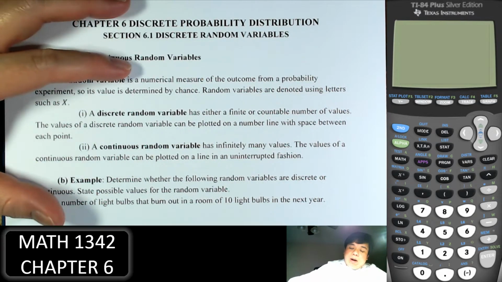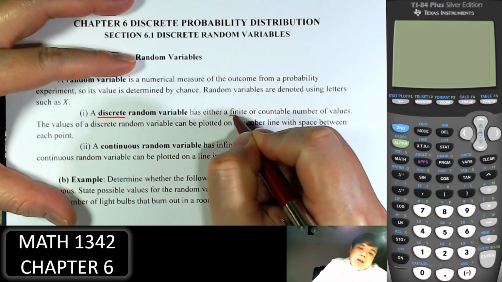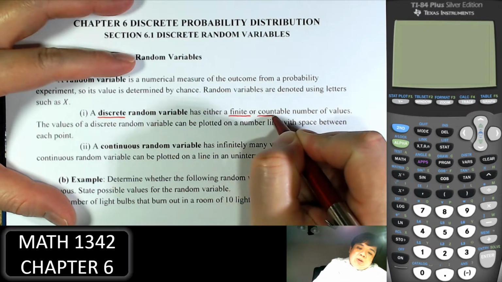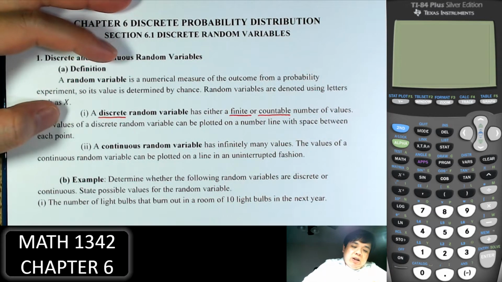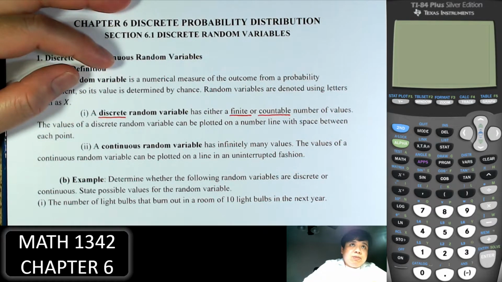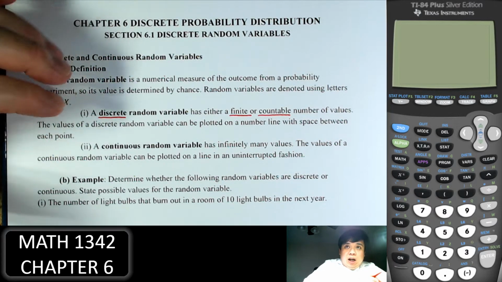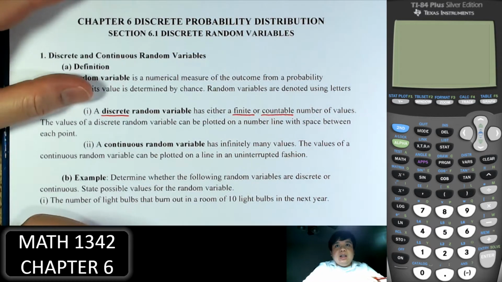So when we talk about discrete, I have two possibilities, finite or countable. The values of a discrete random variable can be plotted on a number line with space between them. So discrete could be 1, 2, 3, 4, 5, counting numbers, and could go on indefinitely.